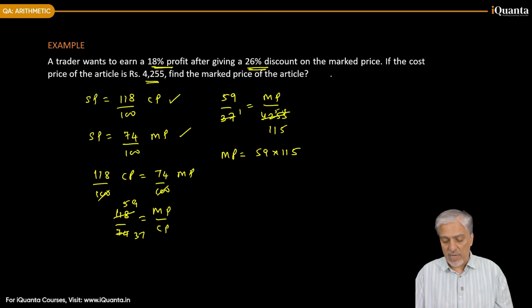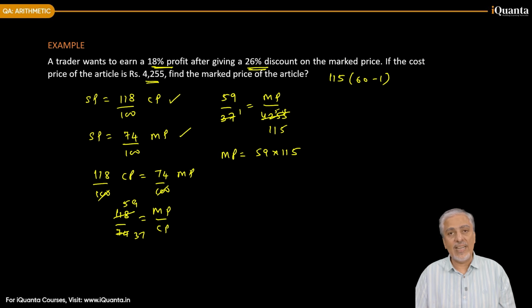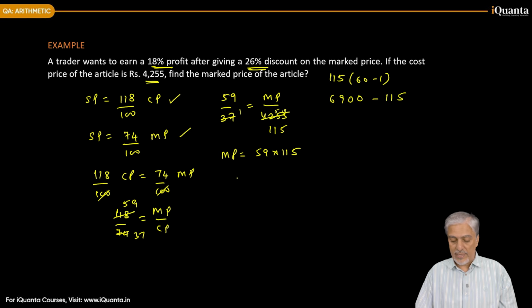Obviously, for CAT, you'll have a calculator. Otherwise, I would have done 115 into 60 minus 1. That means 115 into 60 is an easy calculation, and then subtract 115 from there. So 6,900 minus 115. That will be 6785. So the mark price would be 6785.